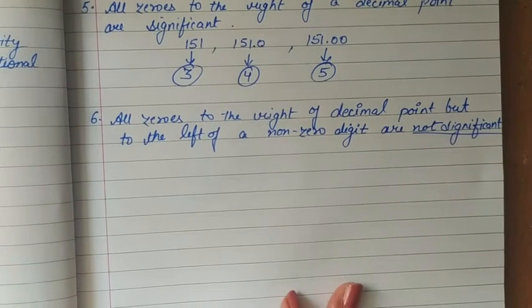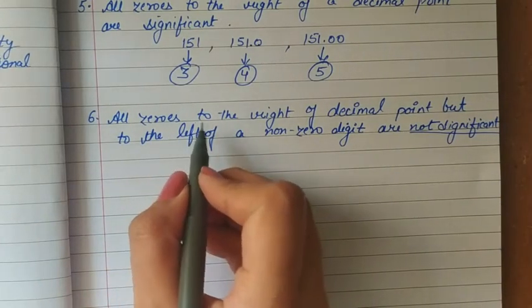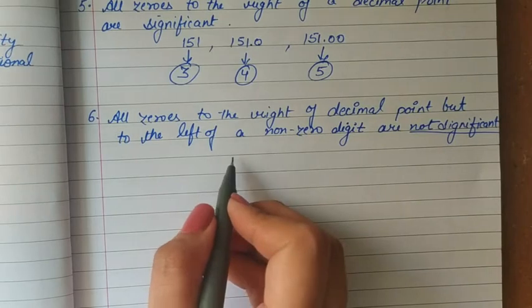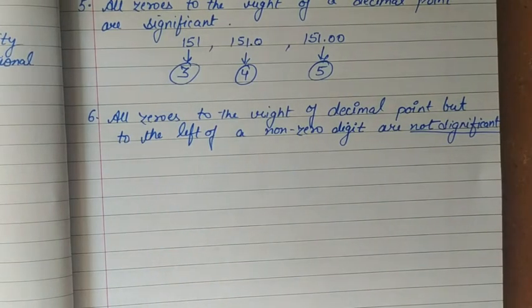Right? So what is the thing? If we have zeros to the right of a decimal point, but they are to the left of a non-zero digit, meaning after those zeros some non-zero digits are present, then in that case those zeros are not significant.